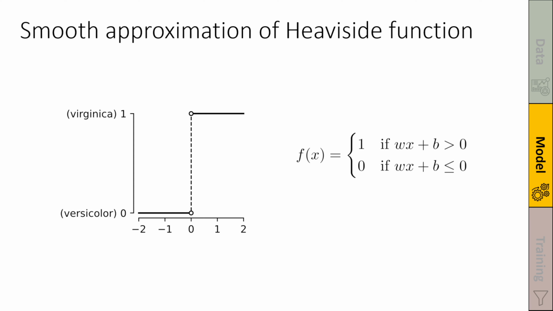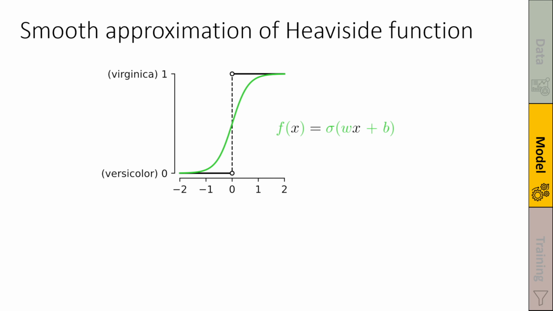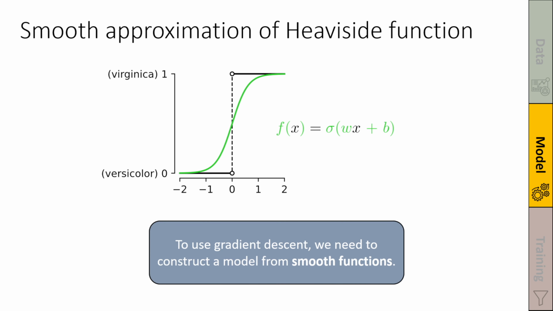In other words, we want to have a smooth approximation of the step function. And luckily, such a function exists, and it's called the sigmoid function. And now, using this smooth approximation, we can avoid the problem of having 0 derivatives. But the important take-home message here is that to use gradient descent, we need to construct the model from smooth functions.